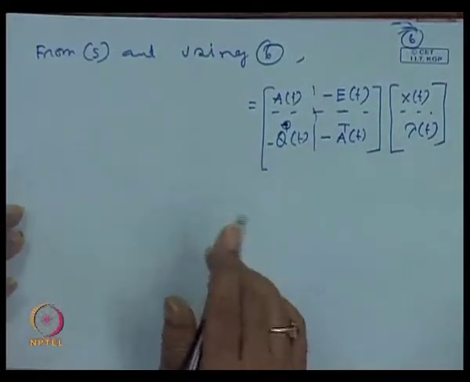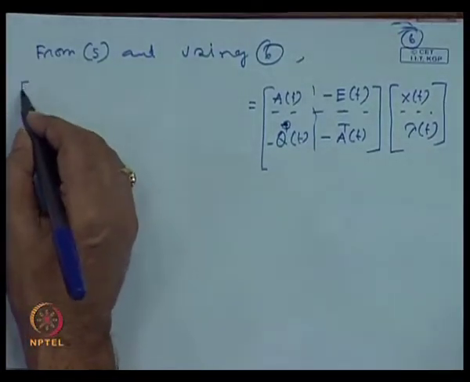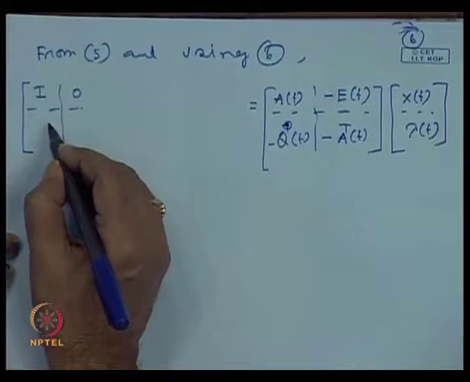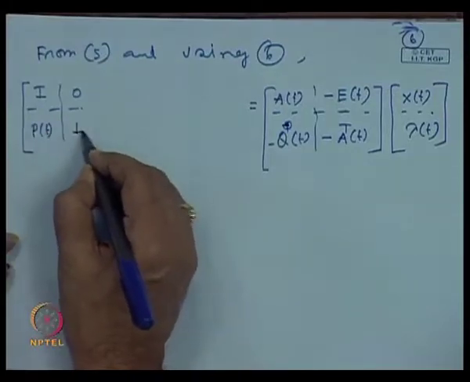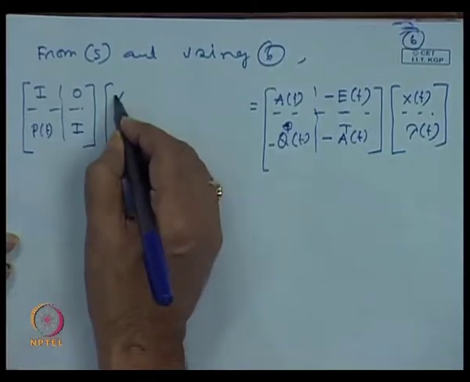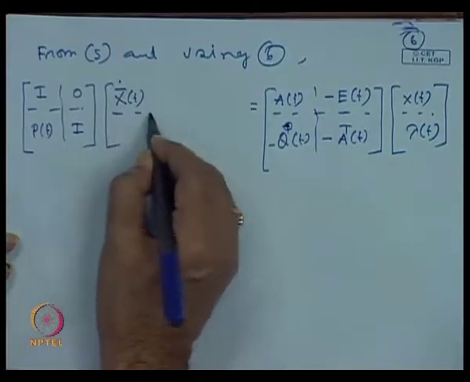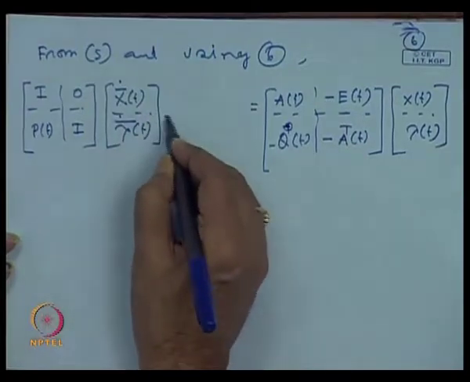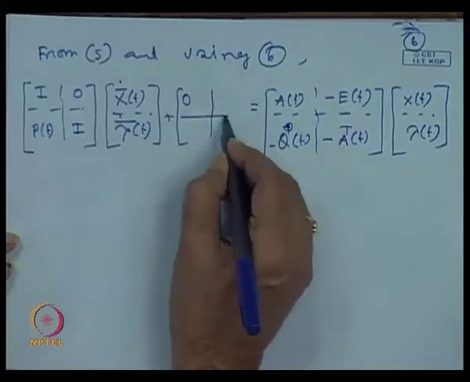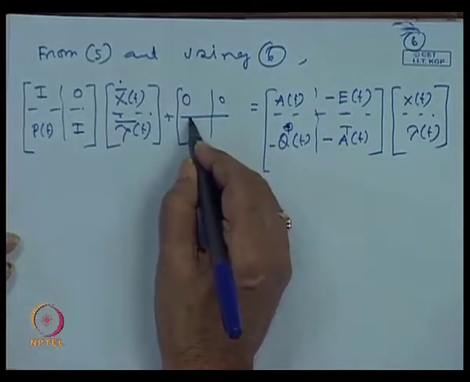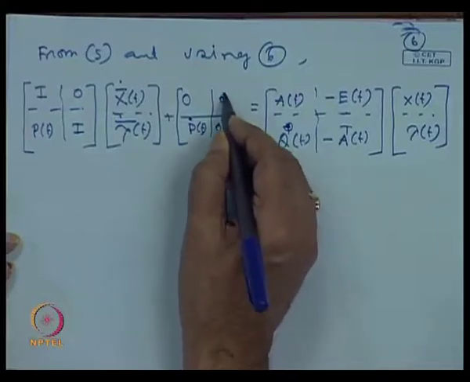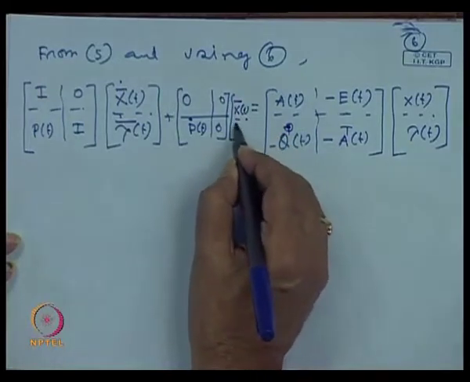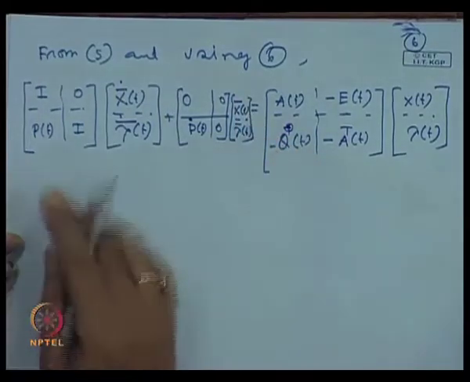This is the right hand side I have written, and the left hand side will be as it is, as you have seen: I, 0, p of t, I, then x bar dot of t, lambda bar dot of t, plus 0, 0, p dot of t and 0, multiplied by x bar of t, lambda bar of t, and this I have written.